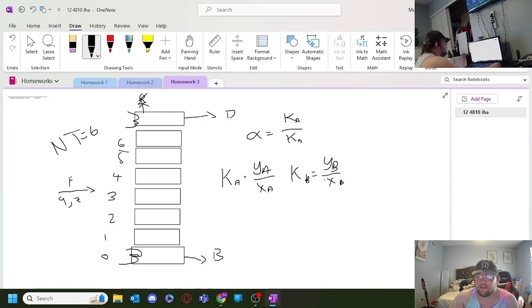Now the cool thing that can happen here is, since this is binary distillation, meaning only A, only B, that means YB has to be 1 minus Ya. And then same thing with XB.